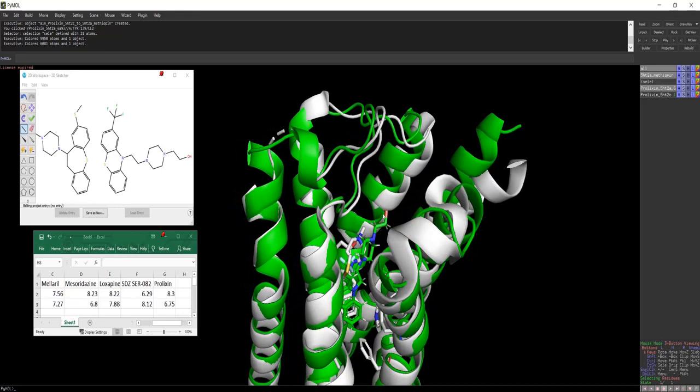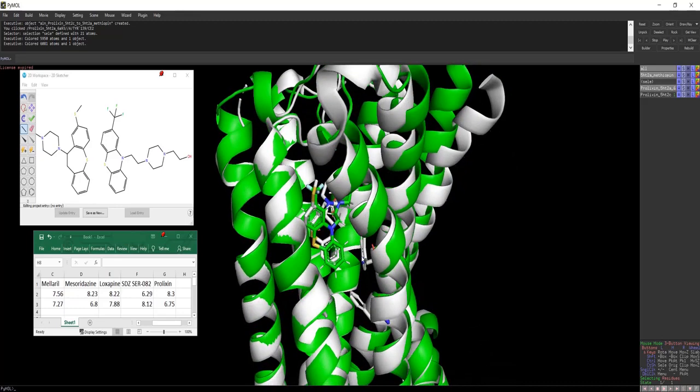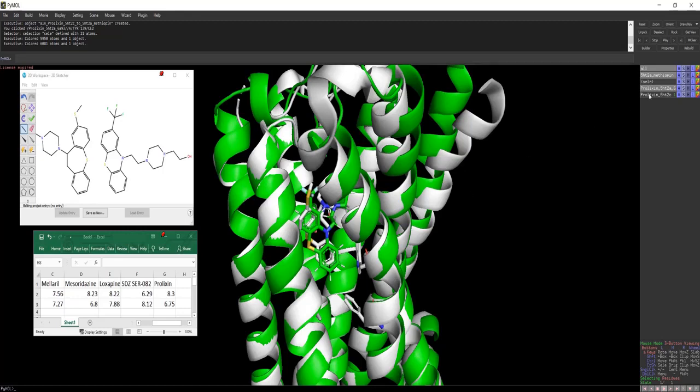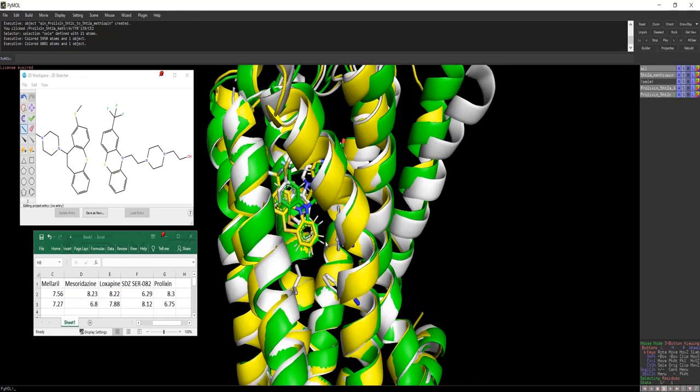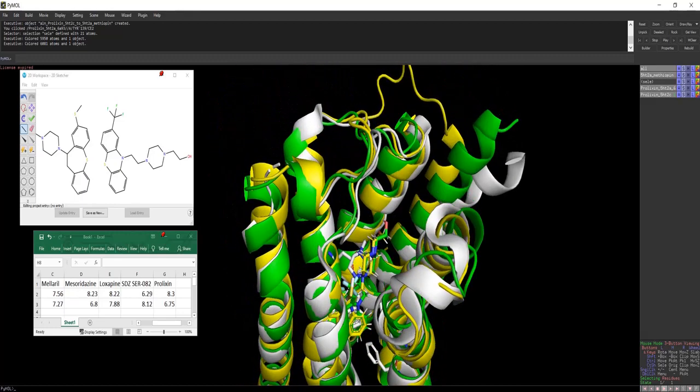And now you have this OH that extends into the extended binding pocket. And if we look at Prolixin, this time bound to 5-HT2C, there's a slight shift to the left. However, again, a very similar binding pose, interacts with the toggle switch. Nitrogen is in the proper position to interact with aspartic acid.